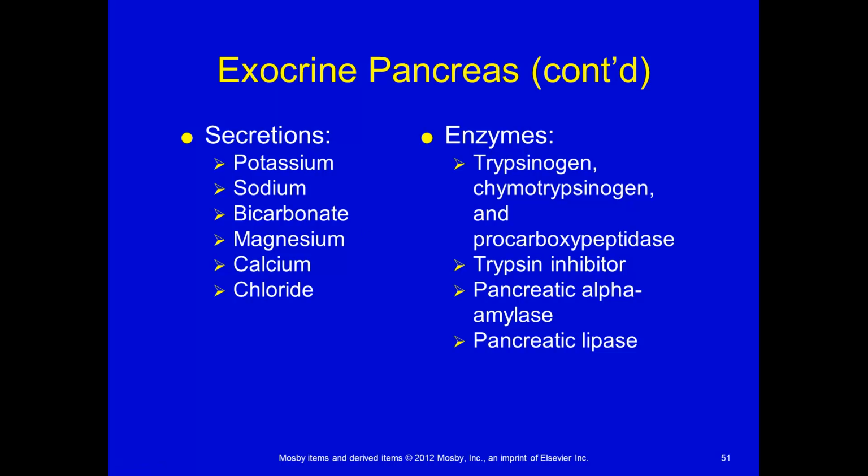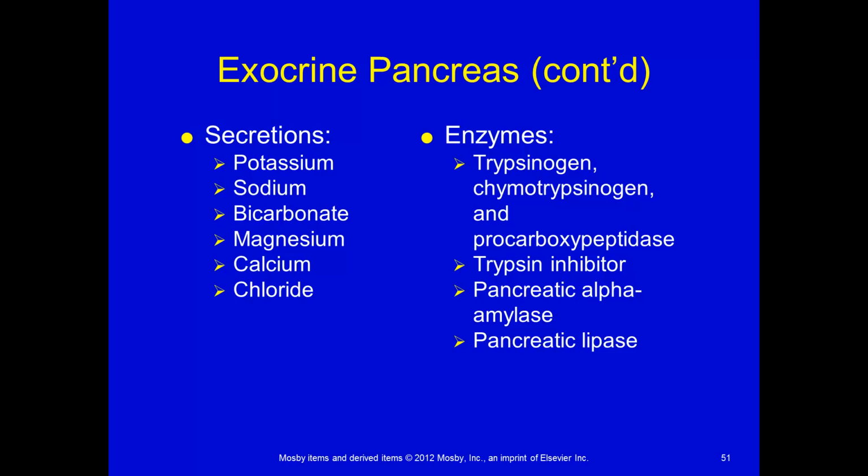Okay, so it releases secretions, and it releases enzymes. So you see the substances and the electrolytes that it secretes on the left side, and then on the right side you see the enzymes that the pancreas secretes. The trypsinogen category basically is used for protein digestion.